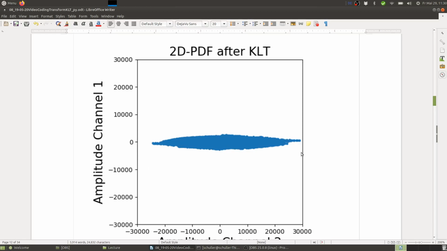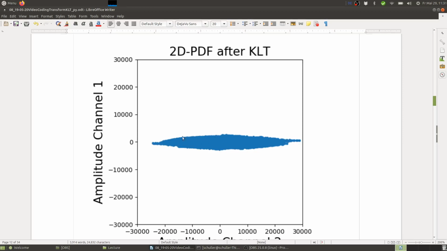Right. And this alignment to the axis is what we would expect if the two signals are uncorrelated. This looks pretty much like a separable function, where the two-dimensional function consists of a function of axis 1 times a function of axis 2. Right?